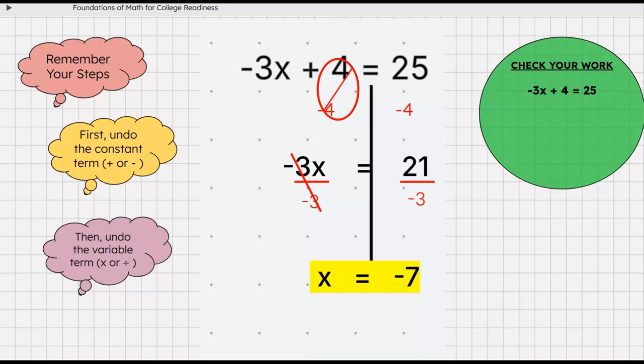So now we will have negative 3 times negative 7 plus 4 equals 25. Negative 3 times negative 7 is positive 21, plus 4 equals 25. So 21 plus 4 actually is 25, and that equals 25, so we know that we are correct.